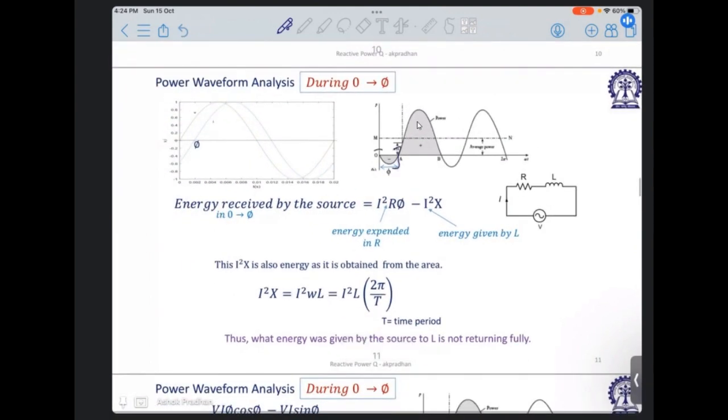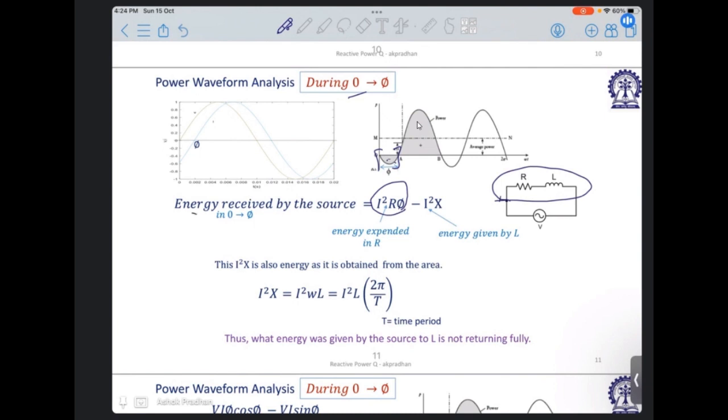So what do we mean by this? In this period of 0 to pi, if we consider this I square r phi minus this area, we are only considering the Vi product across the load. This load interacts power with the source.